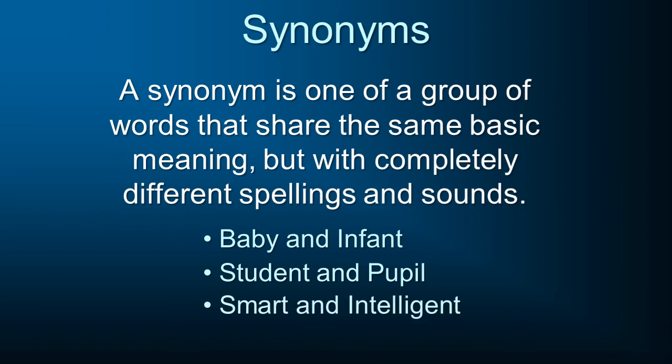A smart and intelligent. Now you might argue about shades of meaning, and you can argue about shades of meaning when speaking of synonyms. Both English and Hebrew have quite a number of synonyms, and sometimes there are shades of differences between the two. More often, it's just a word choice.